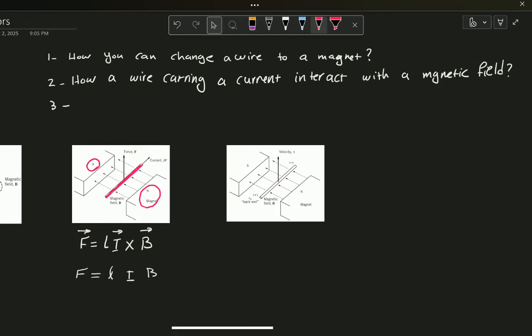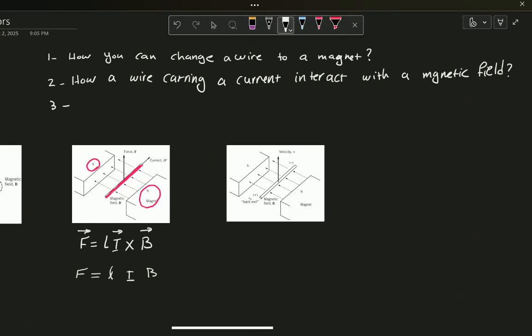Yeah. Again, if I have an existing magnetic field, and I have a simple wire, nothing but a simple wire, and I start to move that wire in the magnetic field, I can possibly, with some conditions, change that wire to a small battery. Yeah. How?